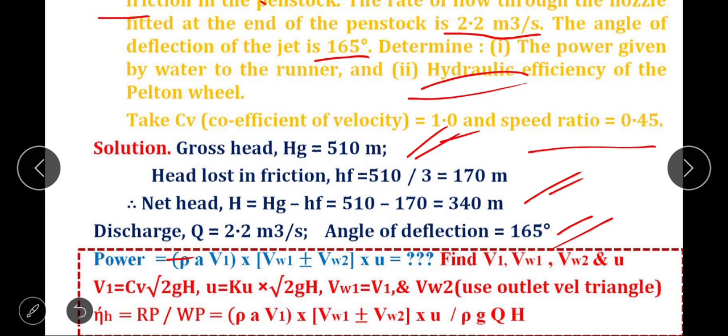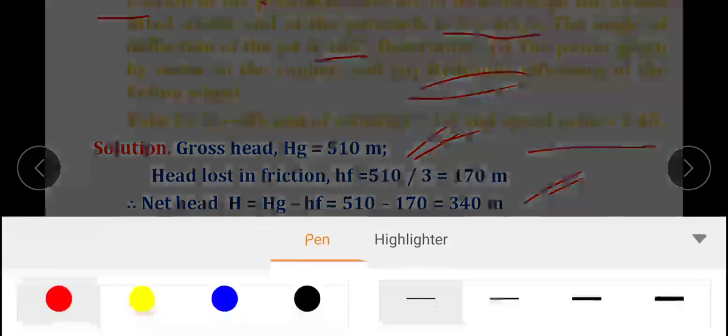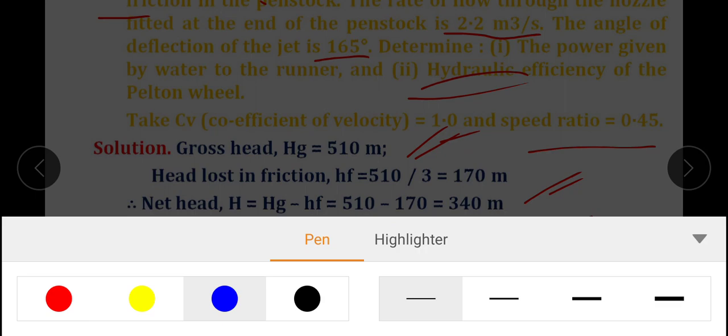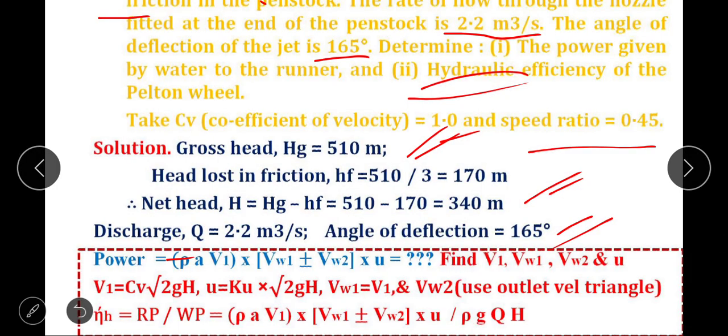Small u is equal to KU into root 2GH. Let us take another color pen so that we can see the underlining, because this is also red. V1 is equal to CV multiplied by root 2GH.